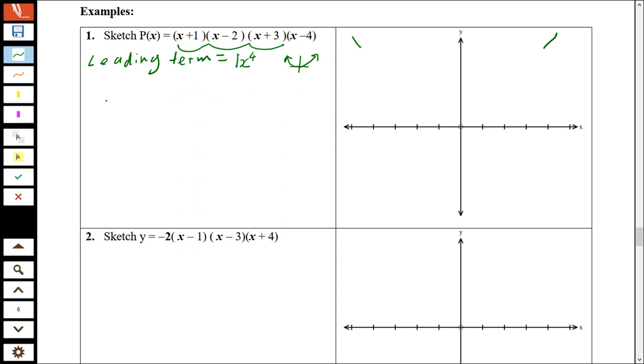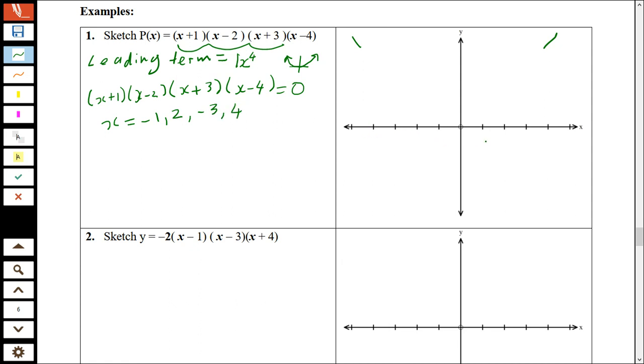Okay, next let's think of what we can do to find the x-intercepts. Well, to find the x-intercepts, I've got to solve x plus 1, x minus 2, x plus 3, x minus 4 equal to 0. And just from inspection, we can see that x will be -1, it'll be 2, it'll be -3, and 4.